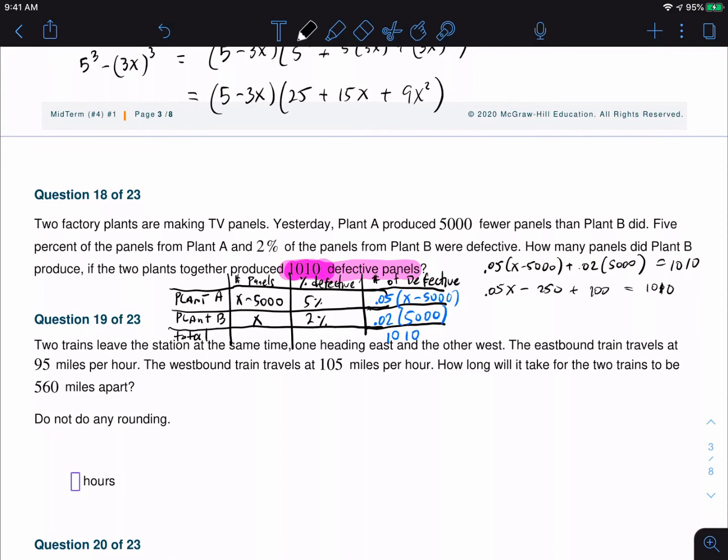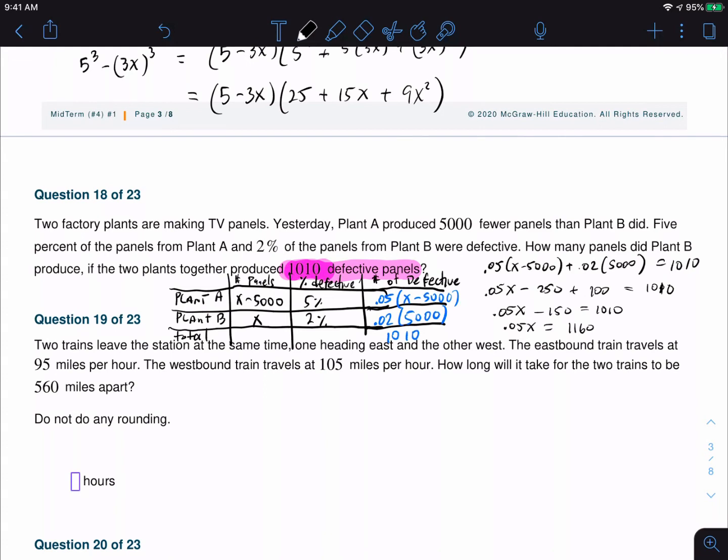So 0.05x minus 150 is equal to 1,010. Adding 150 to the other side, I get 0.05x is equal to 1,160.